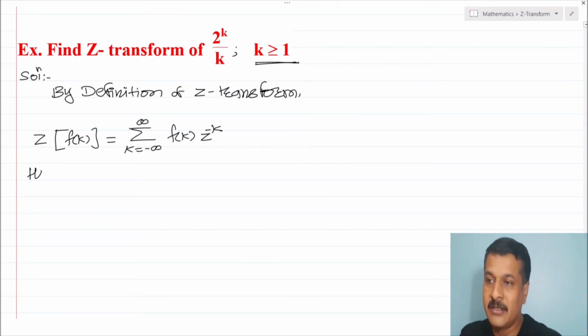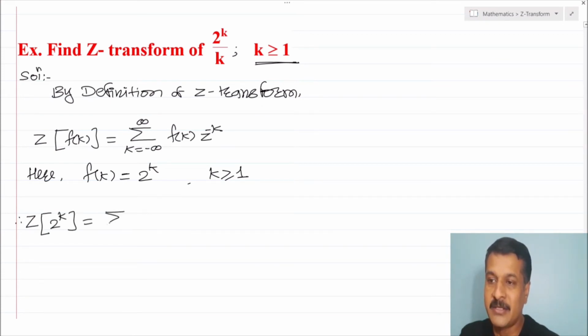So here you consider f of k equal to 2 raised to k and k is greater than or equal to 1, and therefore z transform of 2 raised to k equal to summation k varies from 1 to infinity, f of k is 2 raised to k into z raised to minus k.